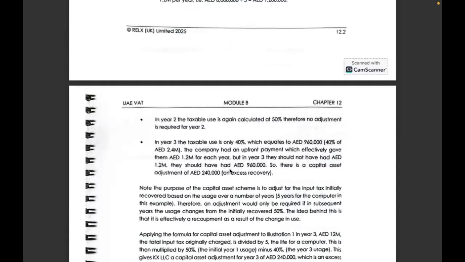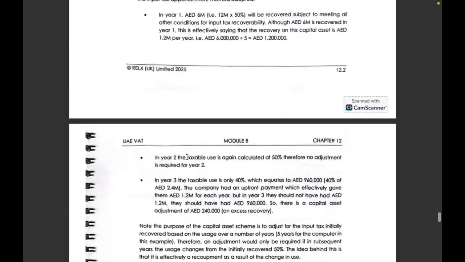They should have had AED 960,000, because their taxable usage was only 40% during year three. So how much should they have claimed? They should have claimed only 960,000. But the recovery pertaining to year three was 1.2 million, if you really think about it.